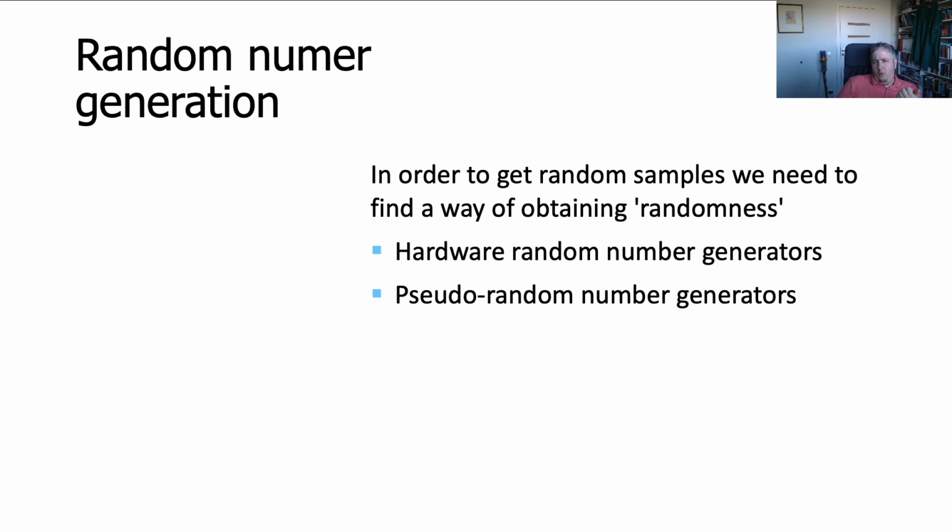First of all, getting something random is not as obvious as you would think. There is an entire class of products called hardware random number generators, which are generally some kind of electronic device that generates a lot of noise.